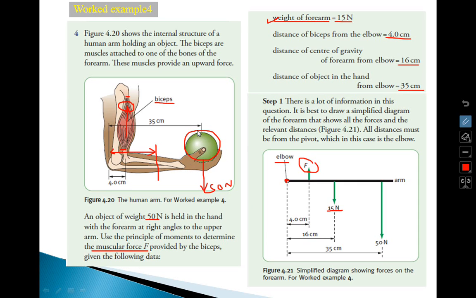Keep moving, we will find the final one. The force is this one. So this one is tending this way, this one this way, this one this way.